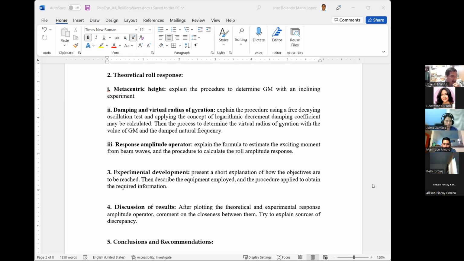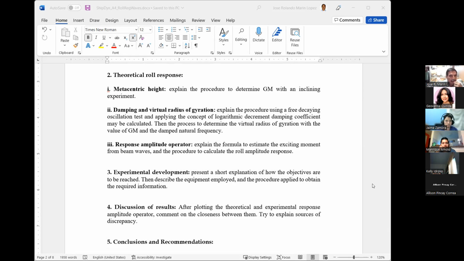But this is part of the experimental. There is no way we can just take a value for GM. That's why we need to do the experiment. This Friday, you have to do the experiment. The first thing that you have to do is to weigh the model and then do the experiment. Okay?